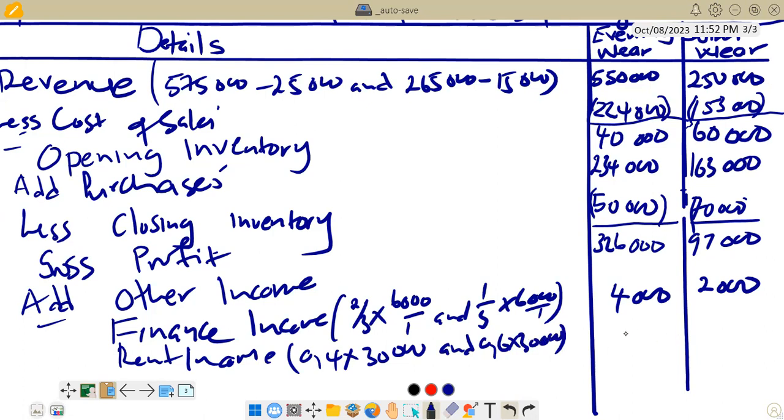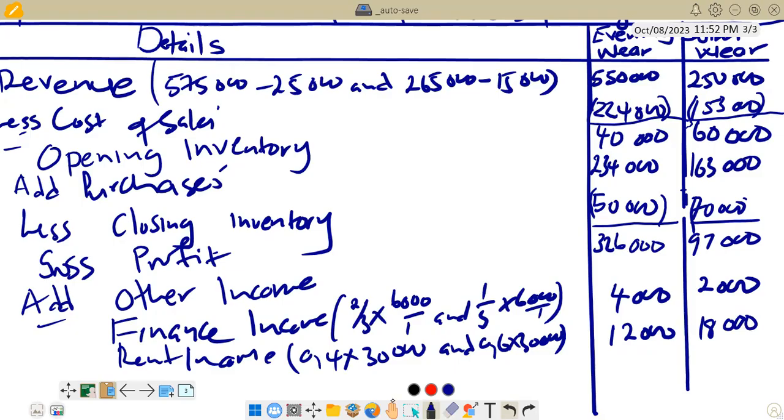So if you say 0.4 times 30,000, you are supposed to get 12,000. Then 0.6 times 30,000, you are supposed to get 18,000. In such a way that if you add 18,000 plus 12,000, you get 30,000 that we are sharing.